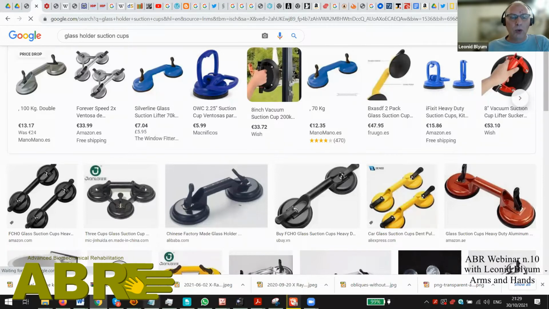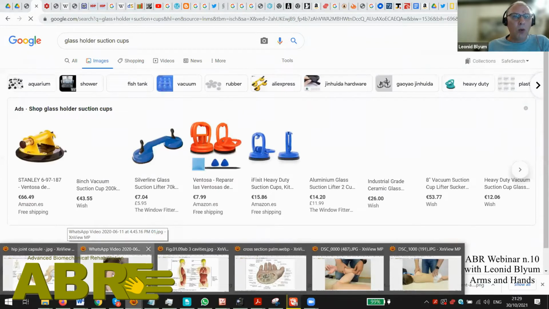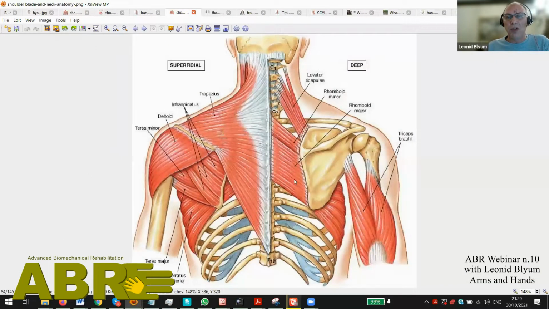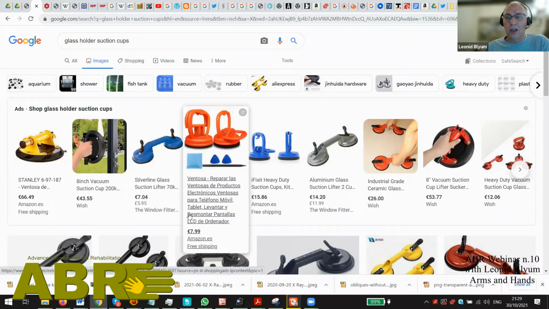Because when you look at the shoulder blades, you wonder: what is it? How is it working? What is this strange triangular stuff that is floating there at the back? The moment you get this image of the glass holder suction cups, everything becomes crystal clear.